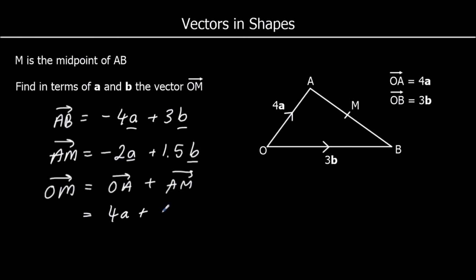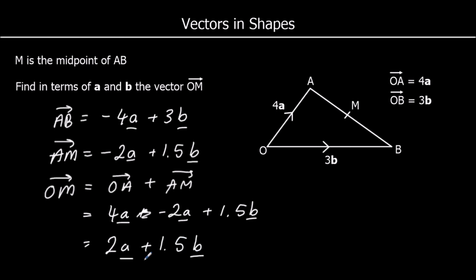A to M is minus 2A plus 1.5B. So 4A minus 2A is 2A, and we've got 1.5B. So O to M is 2A and 1.5B.